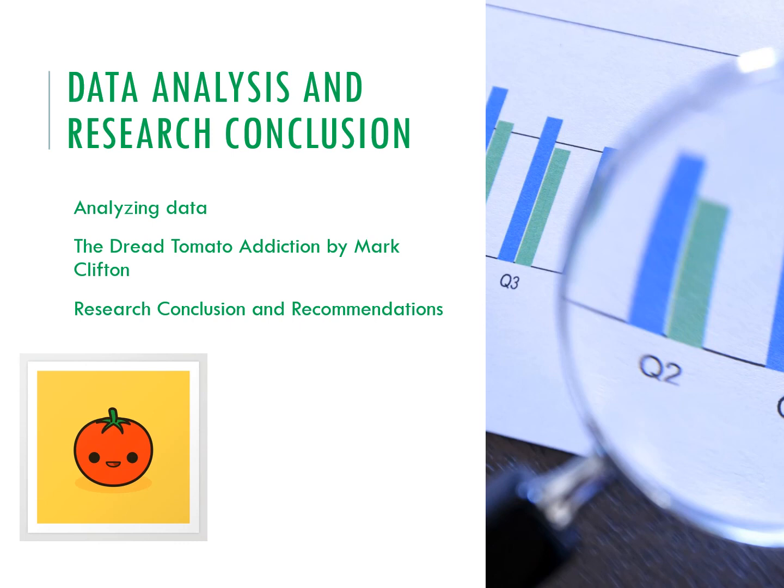The thing here that is probably, again, my favorite aspect of research is addressed in The Dread Tomato Addiction by Mark Clifton. This is in box 16-4 in your book, on page 207. It's really where you can see how, if you're not looking at the big picture of a study, you can get caught up in details and then make statements that aren't true.